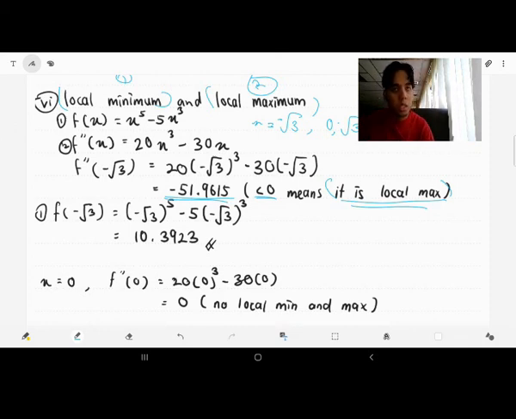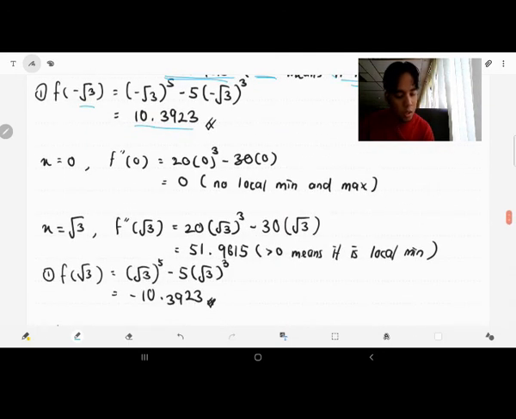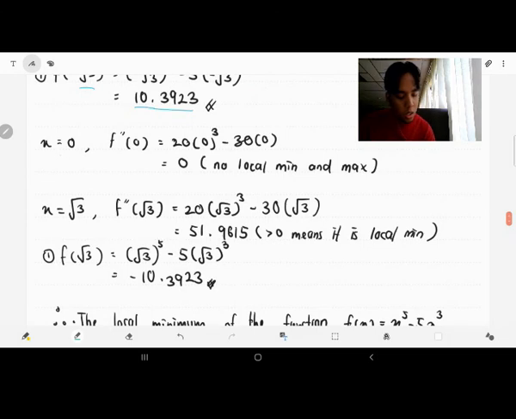And then to find the y, we substitute x equal to negative square root of 3 into the function f(x). We get 10.3923. Second, when x equal to 0, we substitute into f double prime and we get 0.